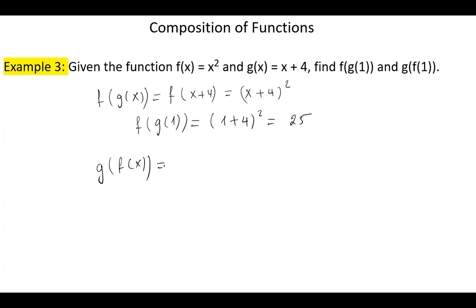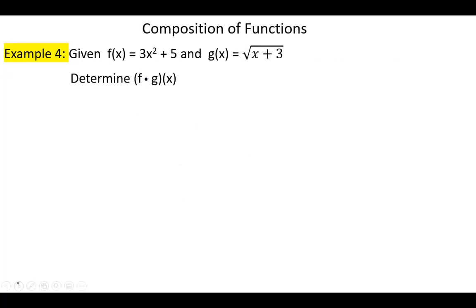Next, g of f of x, where f of x equals x squared. Now in the function g, instead of x, we substitute x squared. So we'll have x squared plus 4. So g of f of 1 is 5. Again, note that f compose g is not equal to g compose f.